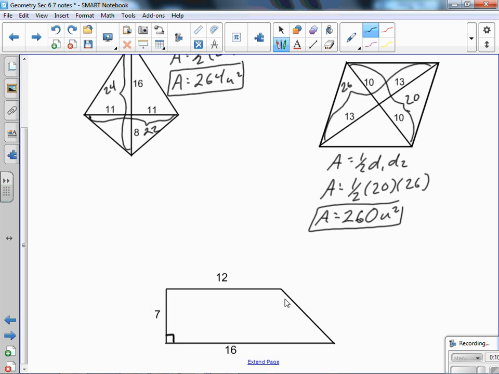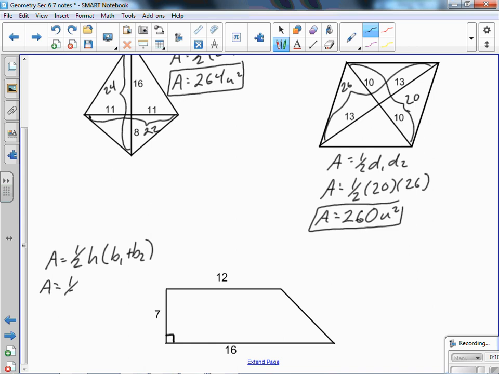It's not an isosceles trapezoid like what we often expect a trapezoid to look like, but it still fits the criteria of a trapezoid, so we can use the trapezoid formula on this one, which is area equals 1/2 of the height times base 1 plus base 2.